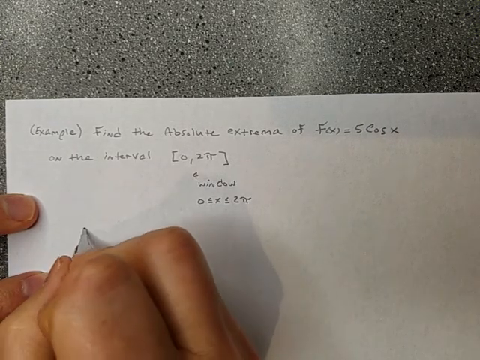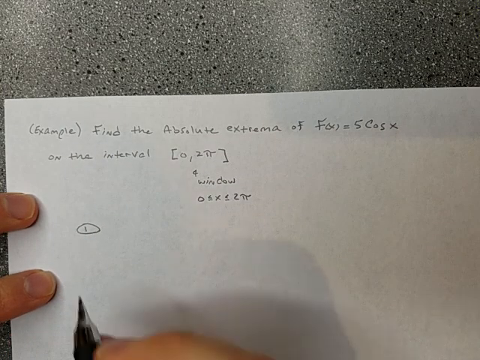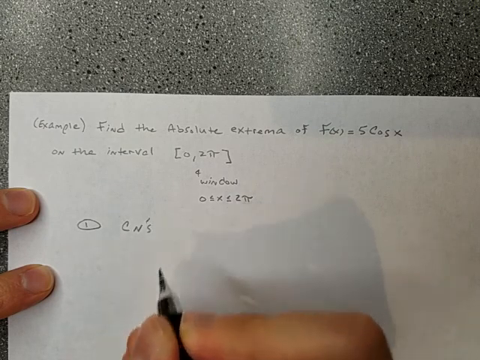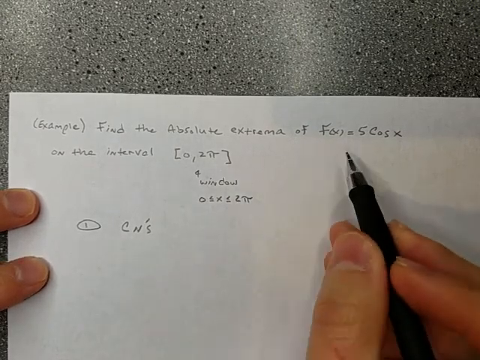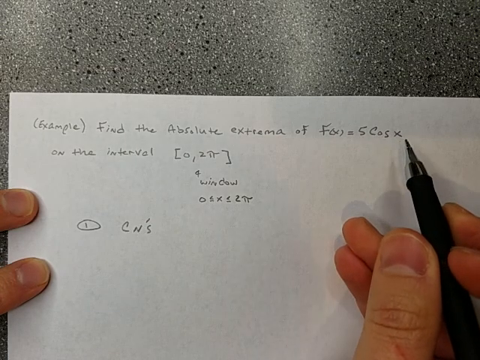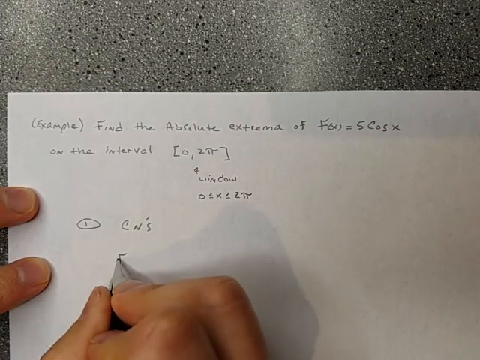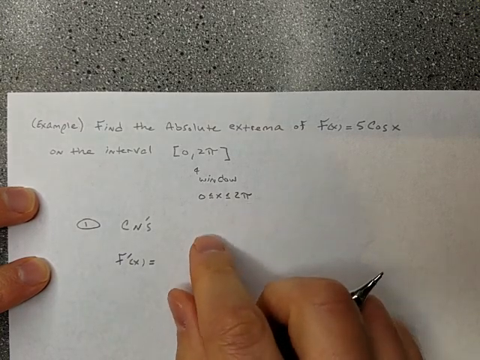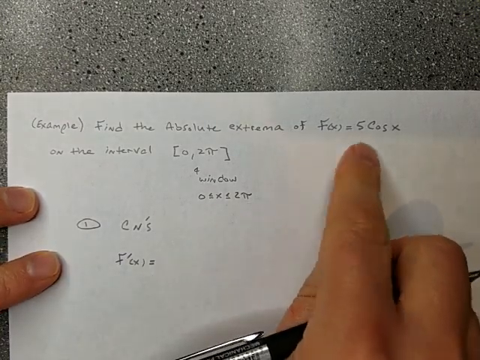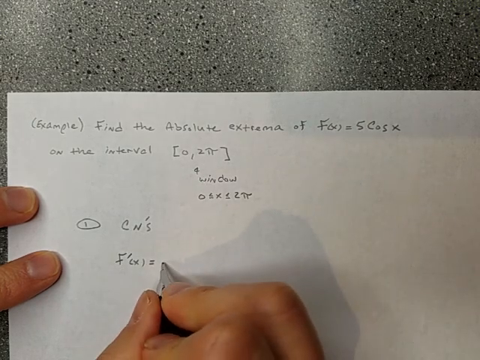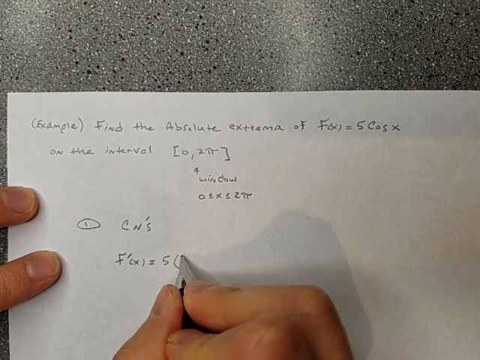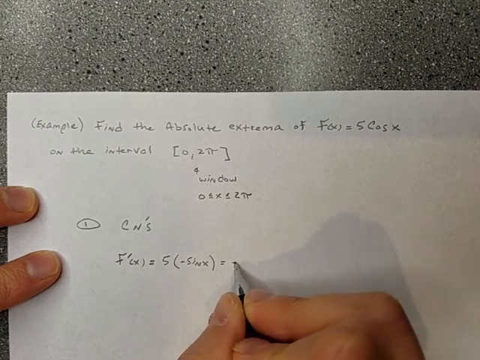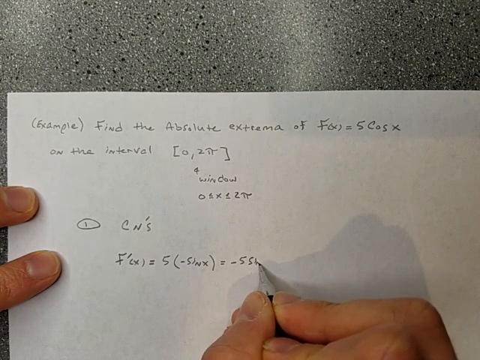Now, I outlined a procedure before about doing that, and the first step was to find the critical numbers. Critical numbers are points on the curve where the derivative is either 0 or undefined. So we start by finding the derivative. The derivative of 5 cosine x: the derivative of cosine is negative sine, so 5 times negative sine x, or negative 5 sine x.